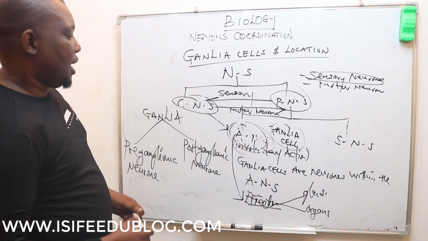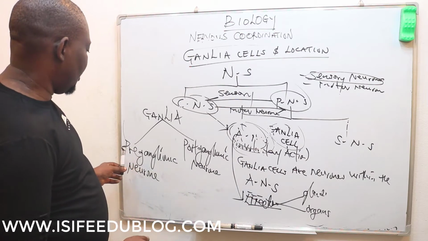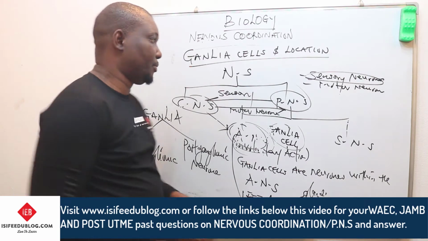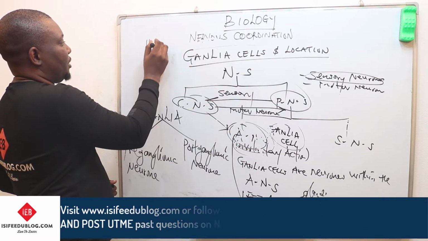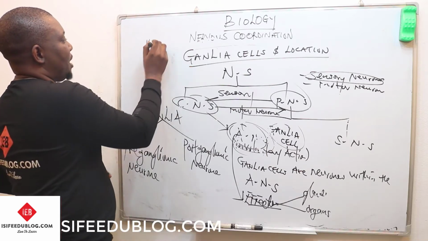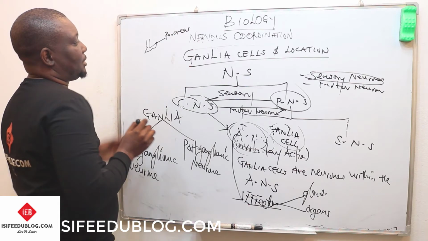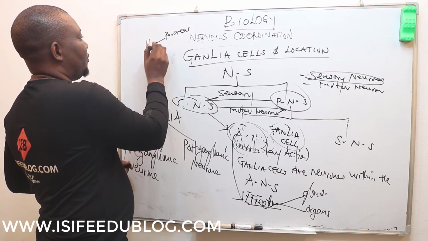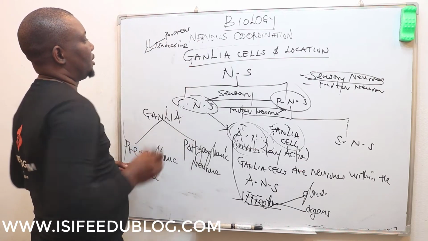So now, I'll give an example. When you have a clear case of secretion, look at the pancreas, the pancreatic glands, whose work is most likely endocrine, hormones.